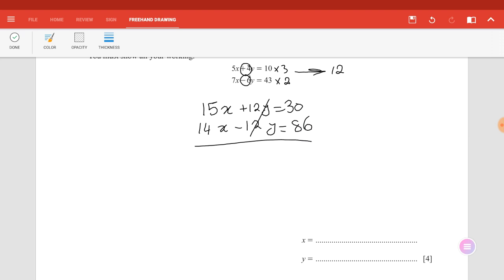Now you can add to get 29x equals 116. I think we will divide by 4, okay, maybe divide by 4. 126 divided by 29, the answer is 126.